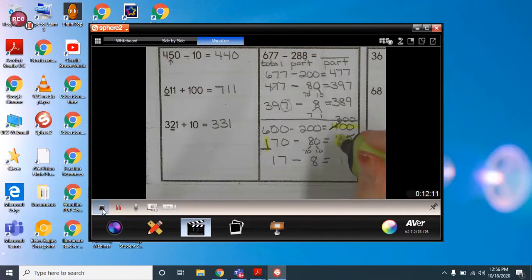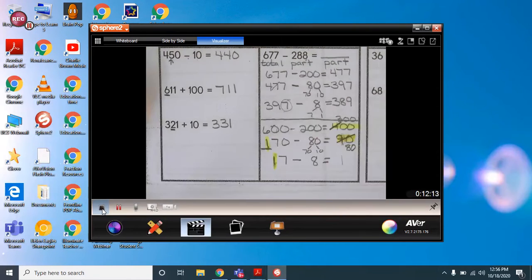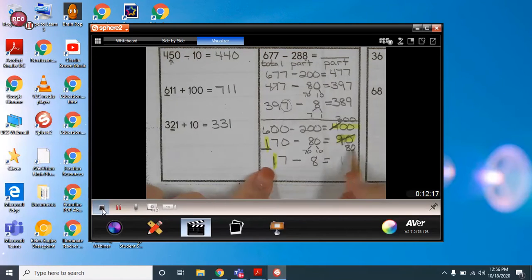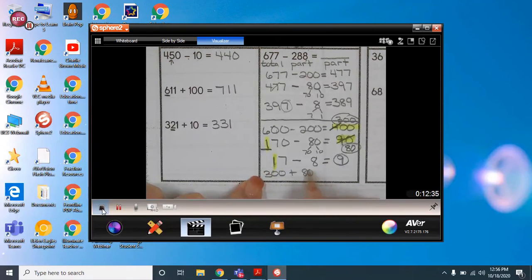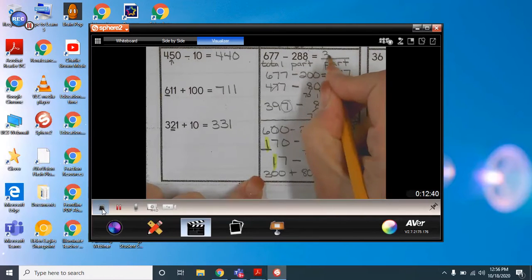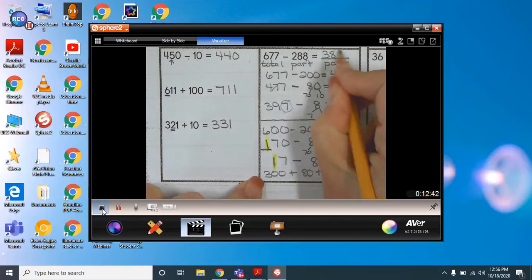So we're borrowing from our tens to our ones, and we have 9, and 9 plus 8 is 17 when we check using addition. Now we can take the 300, the 80, and the 9 and put it back together from expanded form to standard form, and that gives us 389.